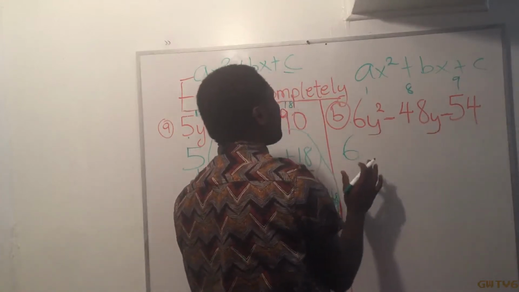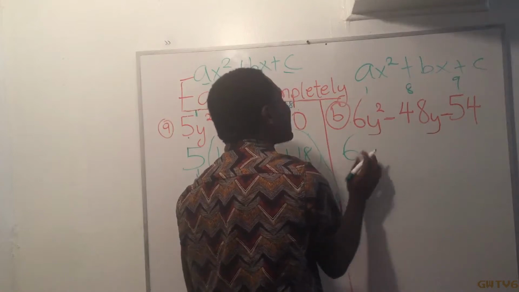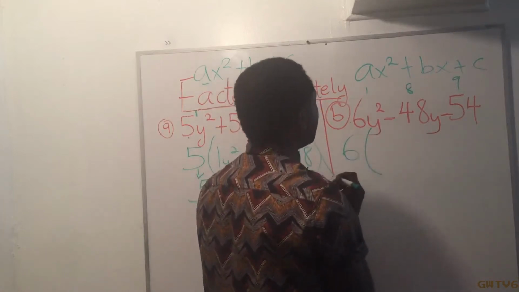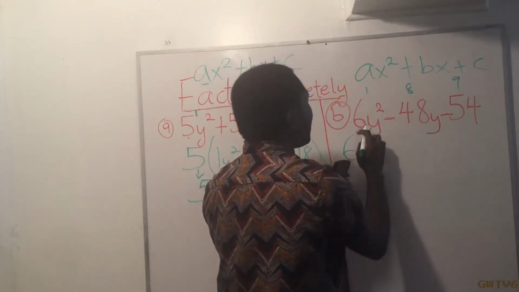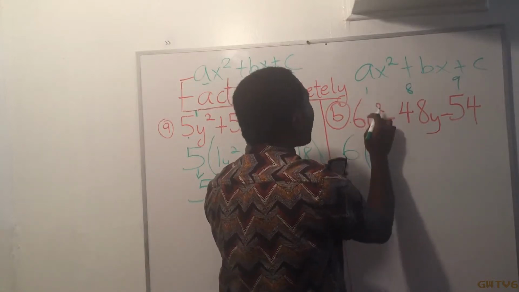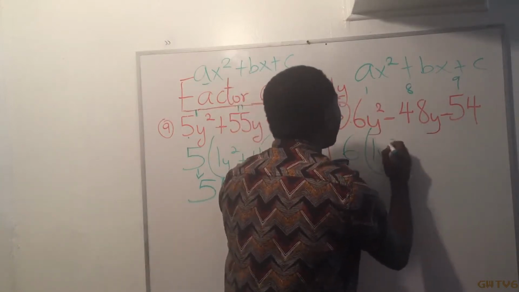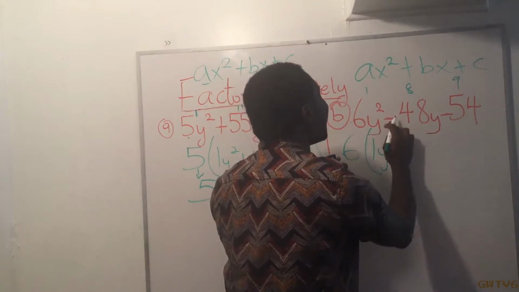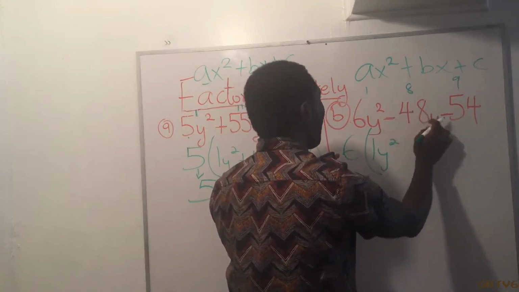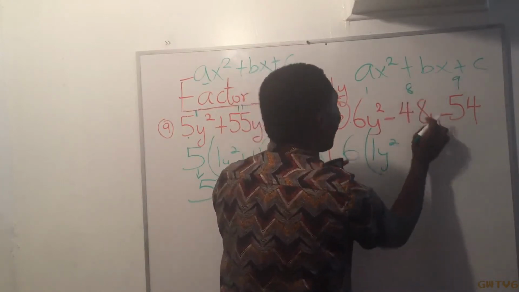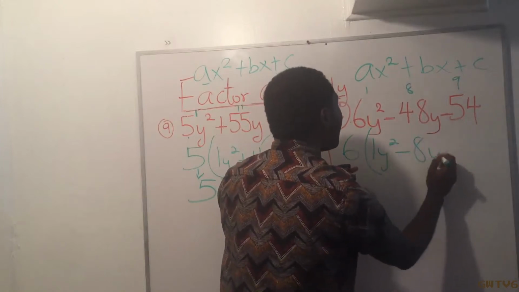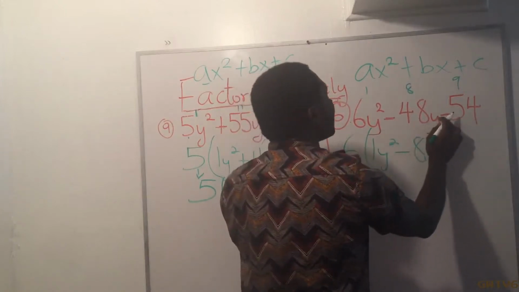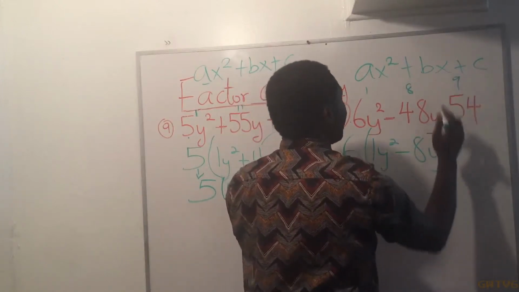So I cannot bring out the y. So I'm going to just have 6 outside the parentheses. Now what times 6 will give me 6y squared? 1y squared. And then what times 6 will give me the minus 48y? Minus 8y. And then what times 6 will give me negative 54? Minus 9.